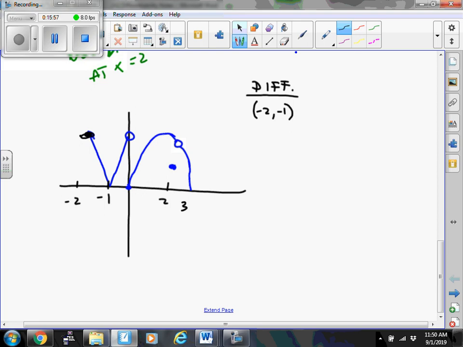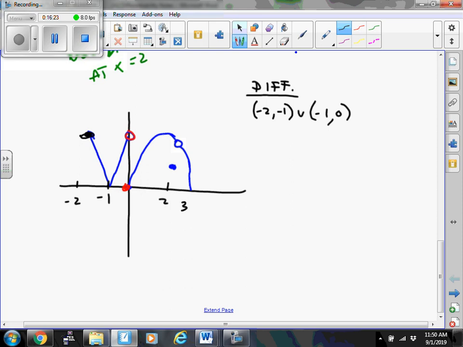It's not differentiable at -1, corner. So union, notice how I don't have a bracket, I have a parenthesis. That means it doesn't get included. From -1 to 0. Well, at 0, you have a jump point of discontinuity. If it's not continuous, it can't be differentiable. So that one can be included.